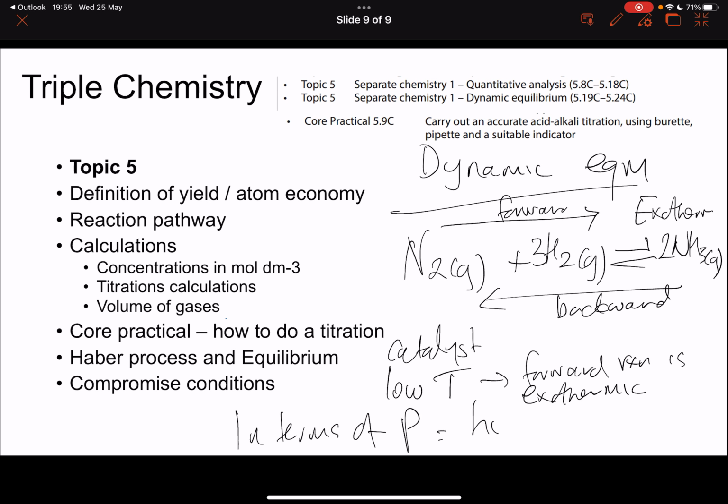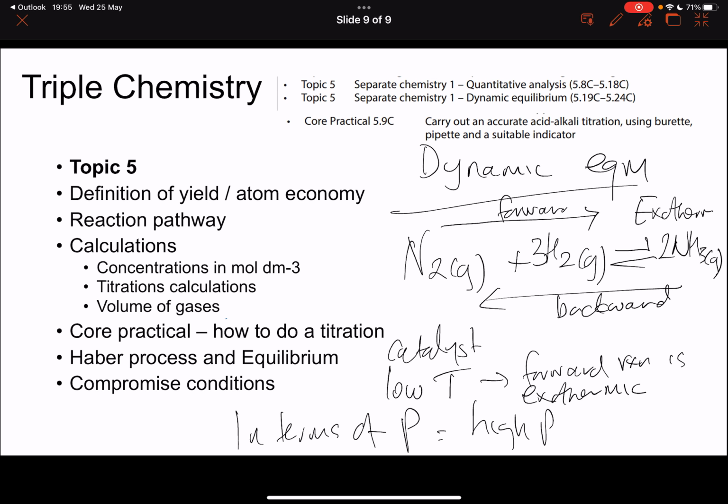In terms of pressure, we need high pressure because the rule is high pressure moves the equilibrium to the side that has fewer moles of gas. The problem with high pressure is that it will give us more yield of ammonia. Reaction will happen faster, but high pressure is dangerous. It increases cost and there's a chance of explosion.